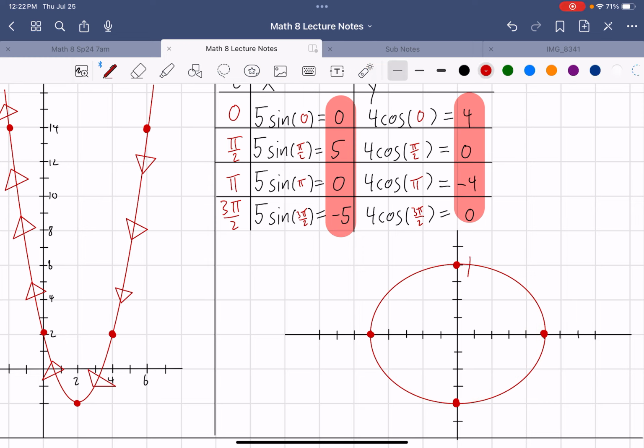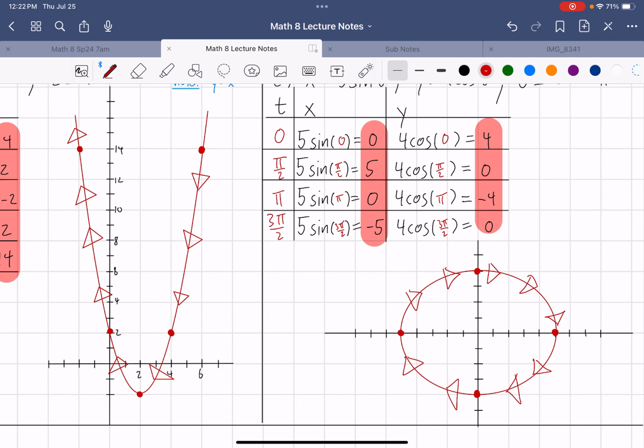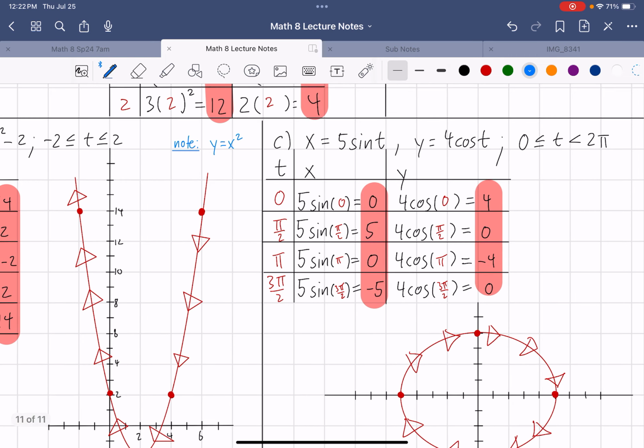But we did start up top, and we went in this clockwise direction. So that tells us the movement of this ellipse. And that's it. That's really all we're going to be doing for this section. All I'm looking for is being able to sketch these graphs and establish the movement.